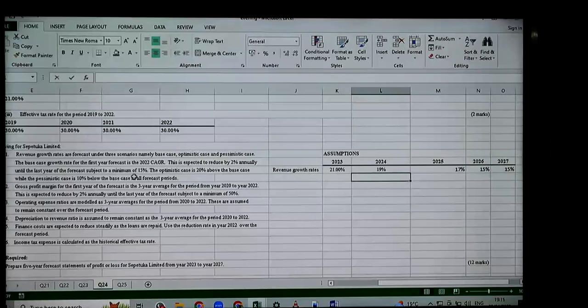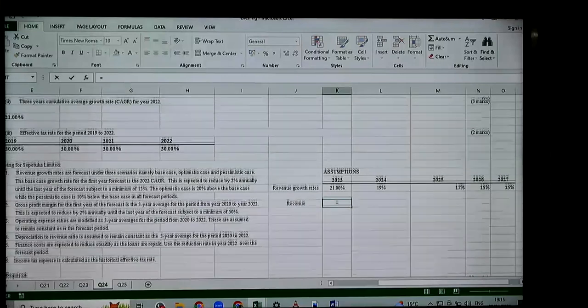Okay, then let's continue from here. The optimistic case is 20% above the base case, while the pessimistic case is below. So we shall come to the base case first. These are our assumptions of the base case. So how will we be getting our revenue? Here we have the base case. Our revenue is increasing, isn't it?